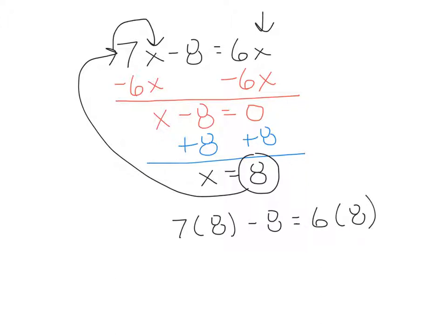And if you go through the math, 7 times 8 is 56. 56 minus 8 does equal 48, which is the same thing as 6 times 8. So you can see that this does check.